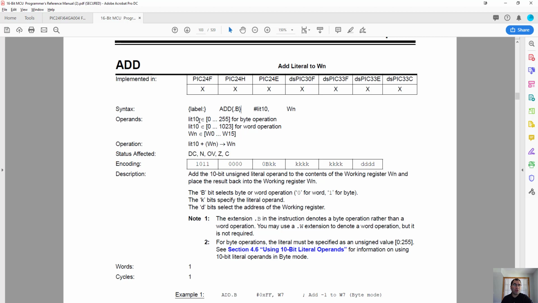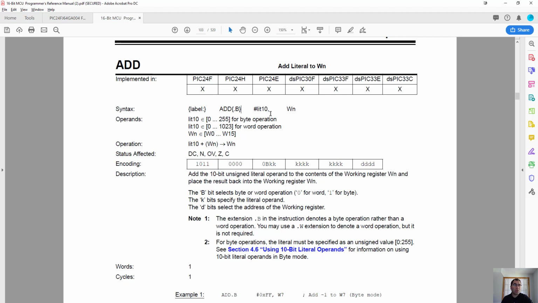If you read here, of course, if you do a byte, then it can only go up to 2 to the 8 minus 1, because 2 to the 8 is 256, so the values can be from 0 to 255. And if it is a word operation, again, you cannot do a 16-bit word here.